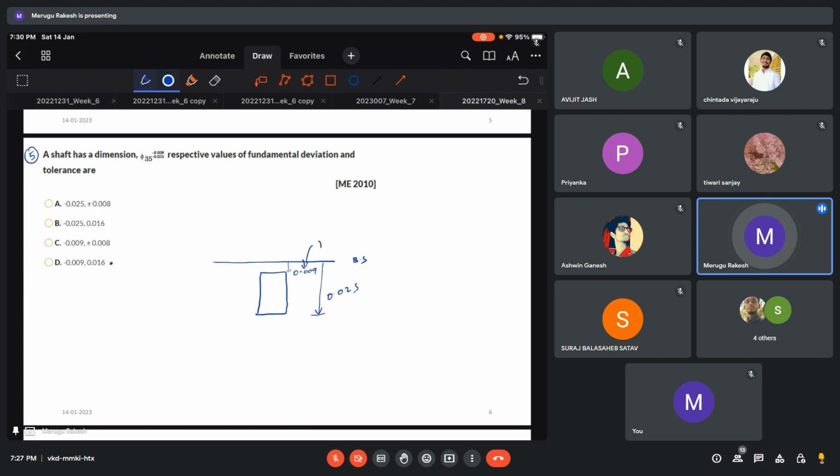So this is the fundamental deviation. This is the tolerance. I think just by seeing the options also you can guess. They have asked you the tolerance value, which will not be like plus or minus 0.008. Okay, this is the width of the tolerance, 0.016.